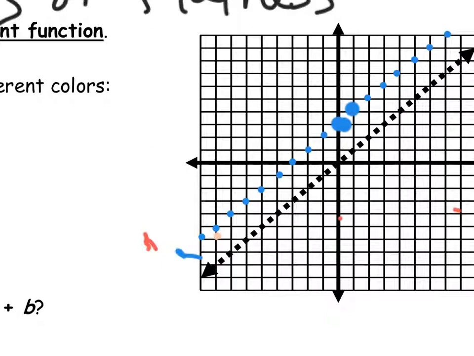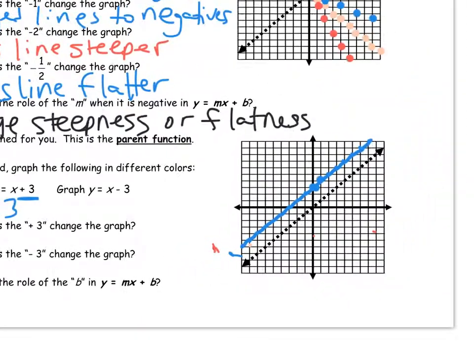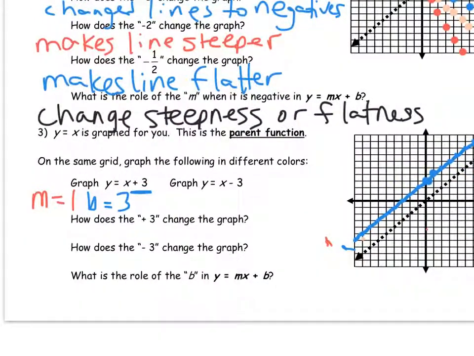So now if we look at this, I'm going to go ahead and connect all my dots. And we've got our first line. I'm going to go ahead and circle it in blue so we know that this is our blue line.